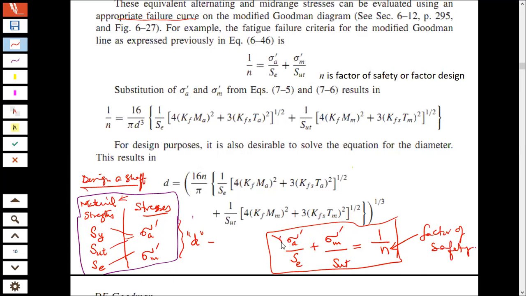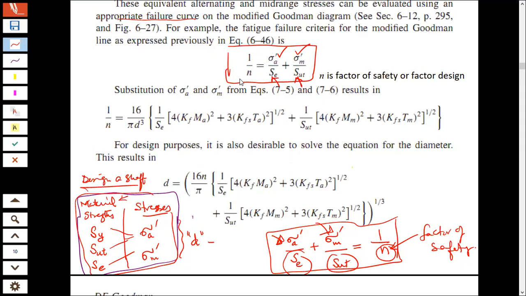Now, what is this? This is the alternating stress and the mid-range stress, and these are the strengths of the material. So basically we are comparing these, and then you can calculate your factor of safety. Over here we have already calculated sigma A dash and sigma M dash, and your SE and SUT will come from the material.